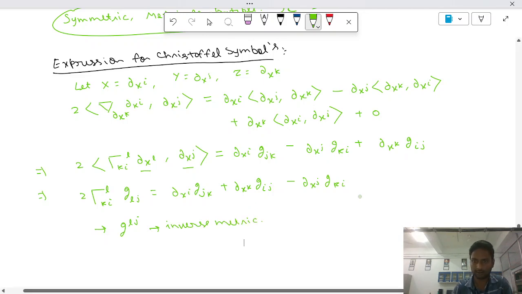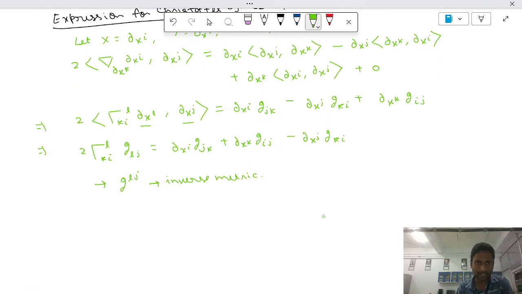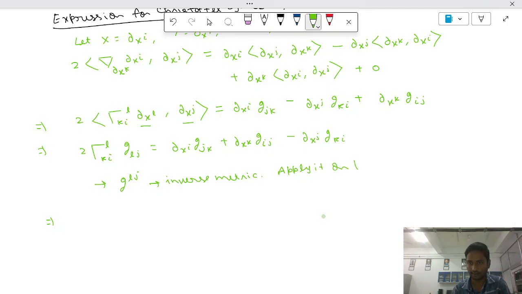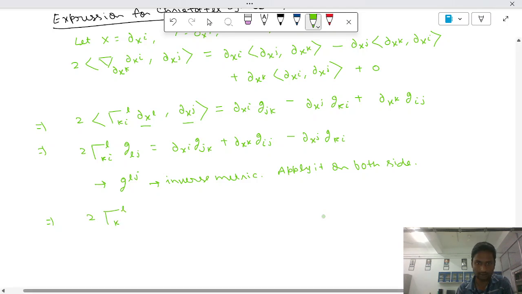Okay. So if you apply this on both sides, what will you get? This will be 2 times, or let's take our 2 to the right hand side. So here you will have 1 by 2.